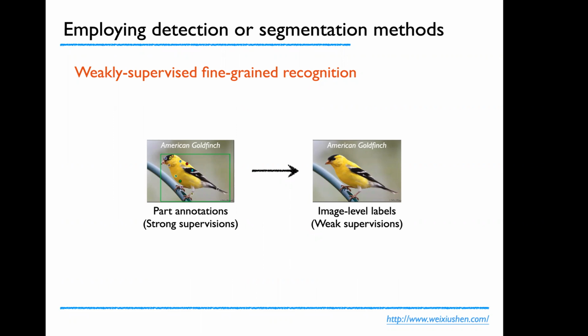These approaches are referred to as weakly supervised methods in fine-grained recognition, and they only use image level labels. It is very interesting to know that since 2016, there's an apparent trend in developing fine-grained methods in this weakly supervised setting rather than the strongly supervised setting.